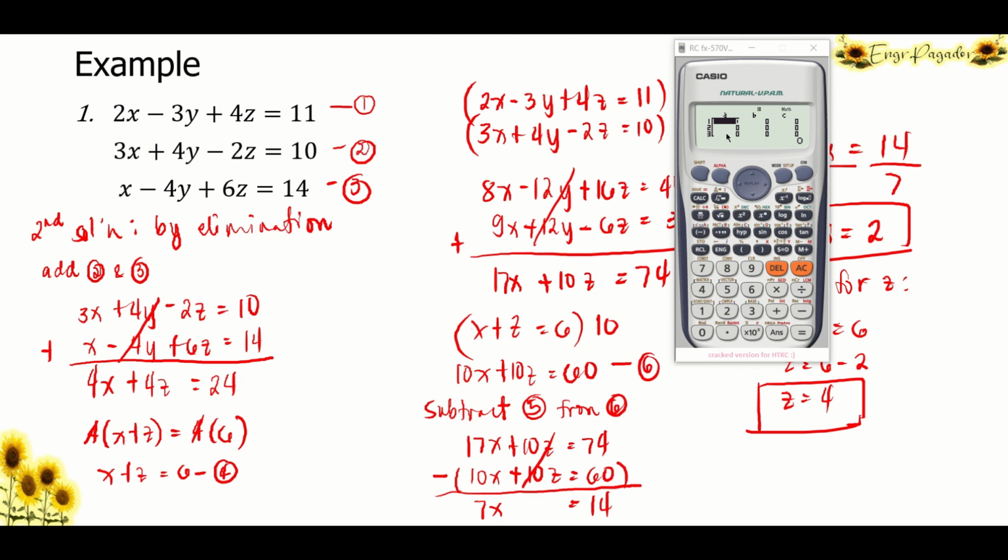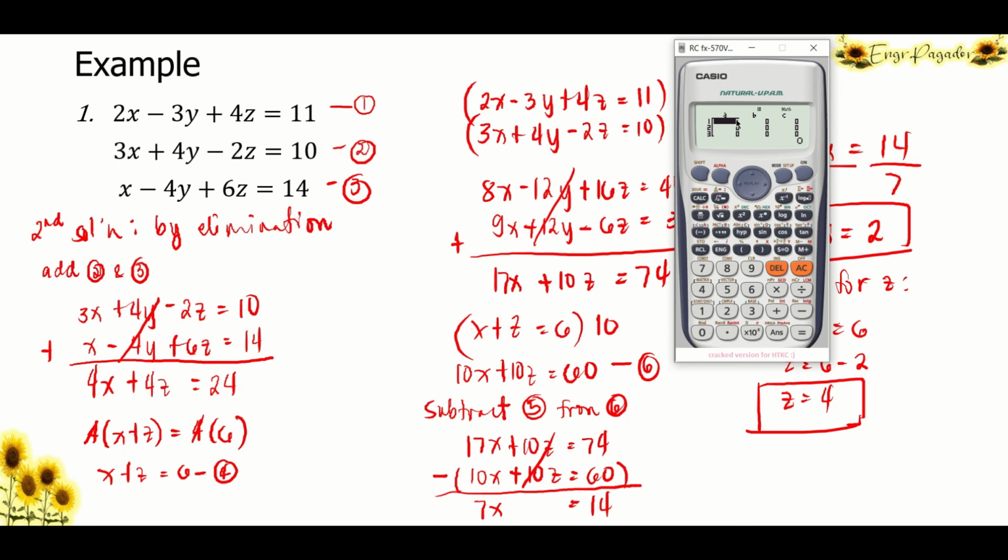In the first column, we input the numerical coefficients of the x variable. Second column, the numerical coefficients of the y variable. And third column, the numerical coefficients of the z variable. But we also have a fourth column where we input our constants, 11, 10, and 14.